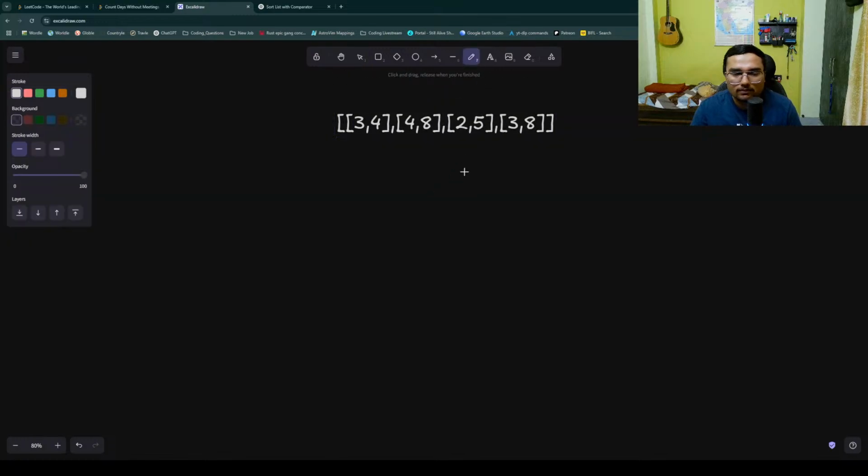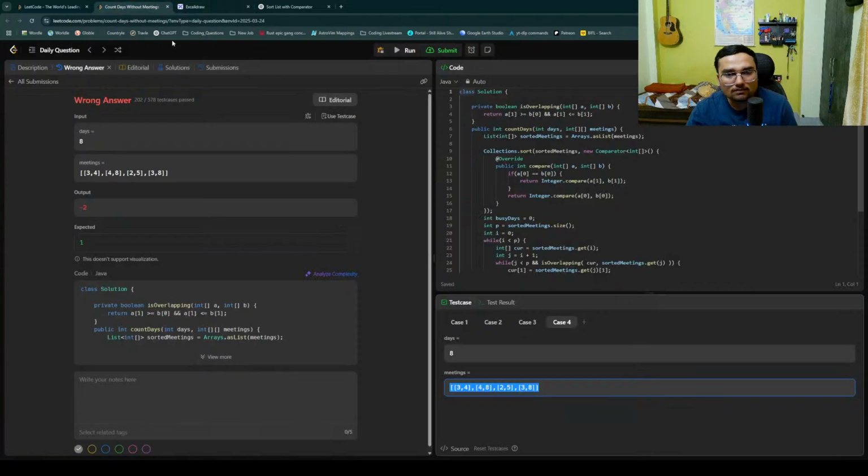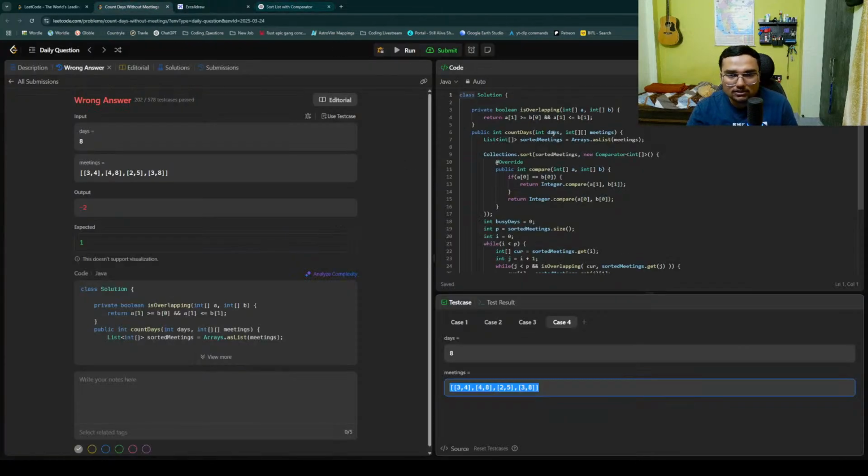So we sort them. What happens then? It becomes 2 5. Then it becomes 3 4, right? Oh no. Okay. So our is overlapping function is kind of trash.